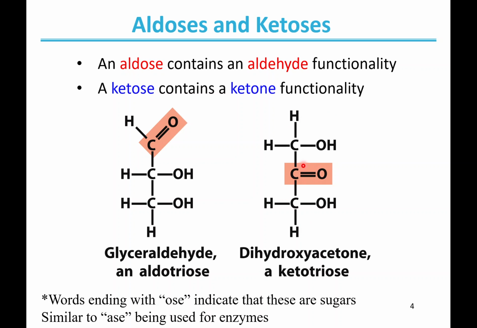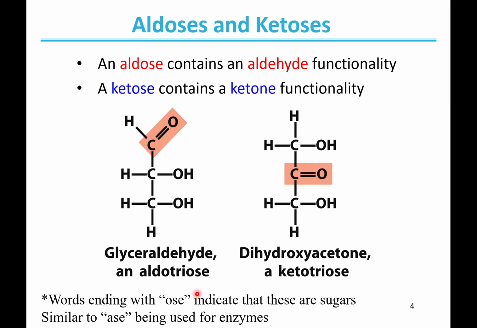Dihydroxyacetone, when the carbonyl group is on an interior carbon, forms a ketone functional group, and so we call this a ketose. So aldo and keto stand for aldehyde and ketone, and the ose means it's a sugar. We can also go a little bit further and say glyceraldehyde is an aldotriose. That means it's a 3-carbon sugar. And likewise, dihydroxyacetone is a ketotriose, a ketose with 3 carbons.